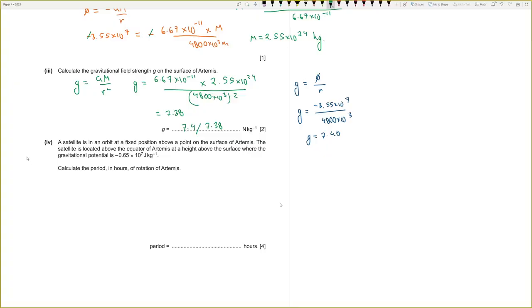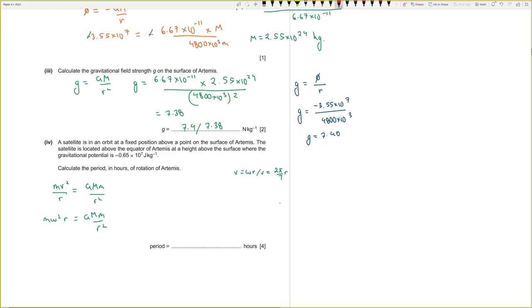Okay, so we know that the gravitational force provides the centripetal force. So mv squared by r is equal to GMm by r squared. And we know that v is equal to omega r, or v is equal to 2 pi r by T. So we can write this as m omega squared r is equal to GMm by r squared.